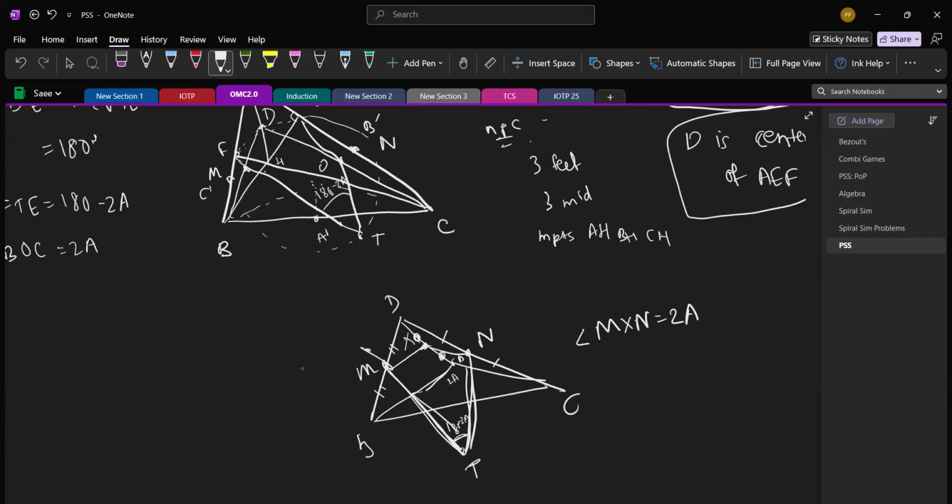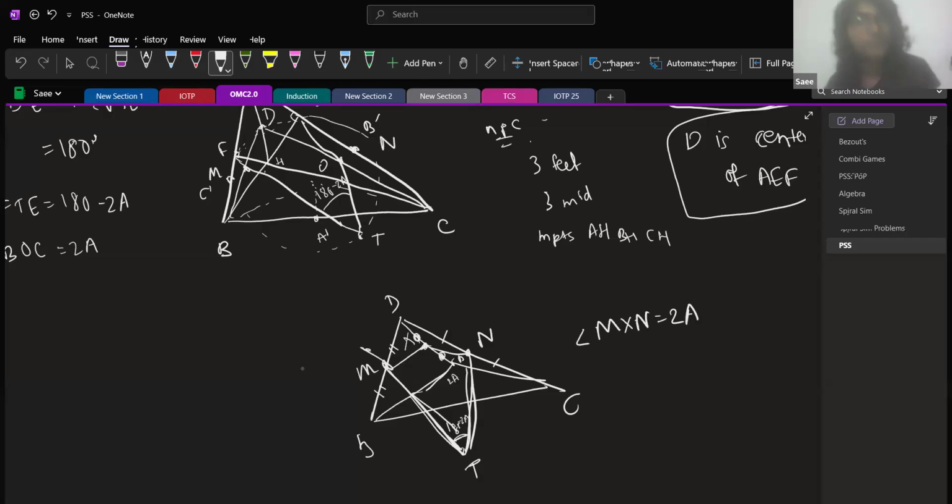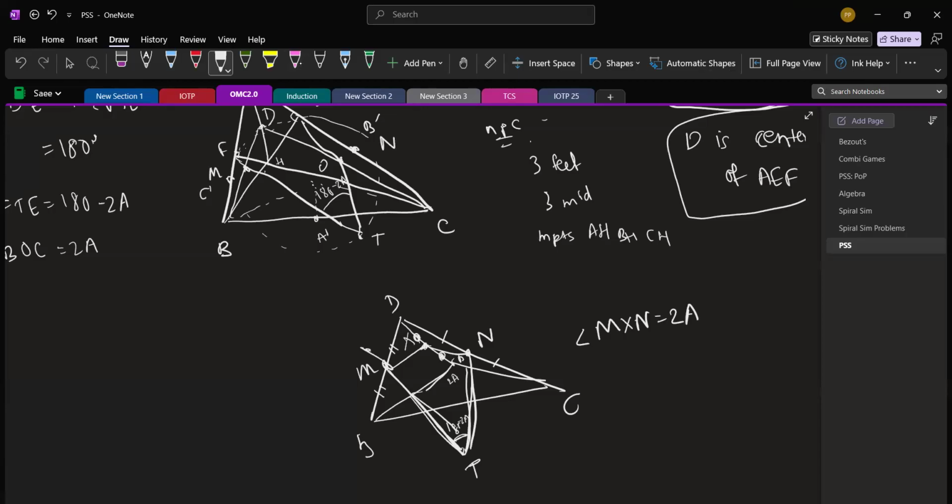Maybe we can do some angle chase. It should lie on DO. I think I can come up with some angle chase. We just want any point such that angle MXN equals 2A.